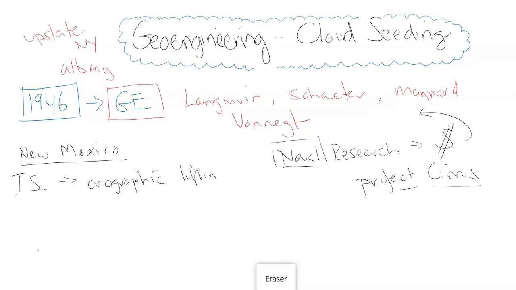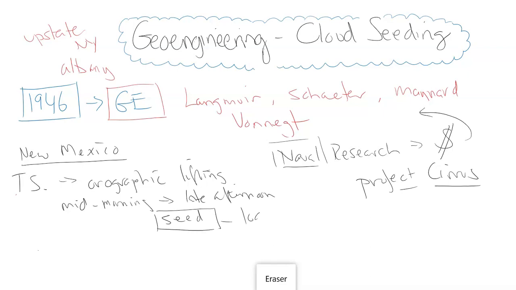So it was lifting over the mountains, having these large thunderstorms develop from the mid-morning through to late afternoon, and you could literally expect them to work on this time scale, and then you could seed the clouds and then watch in that local area the effect or lack thereof of these clouds that were seeded.